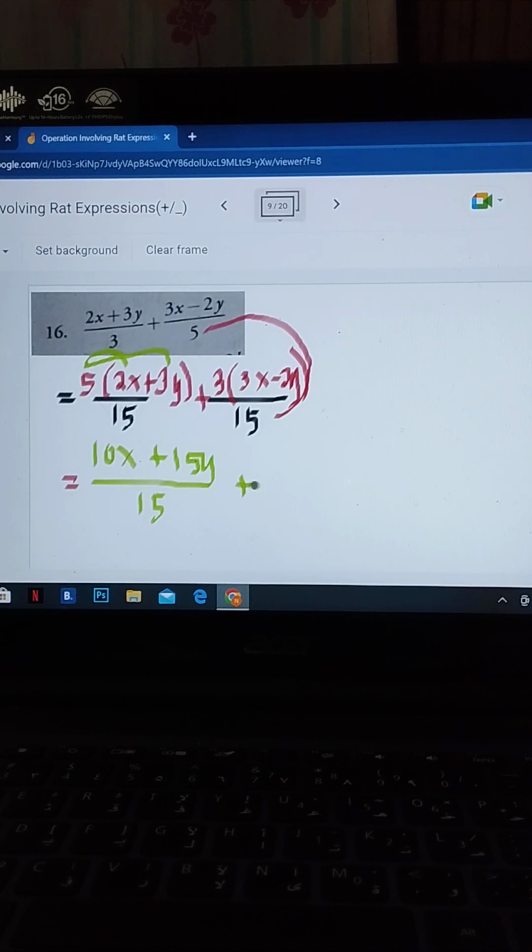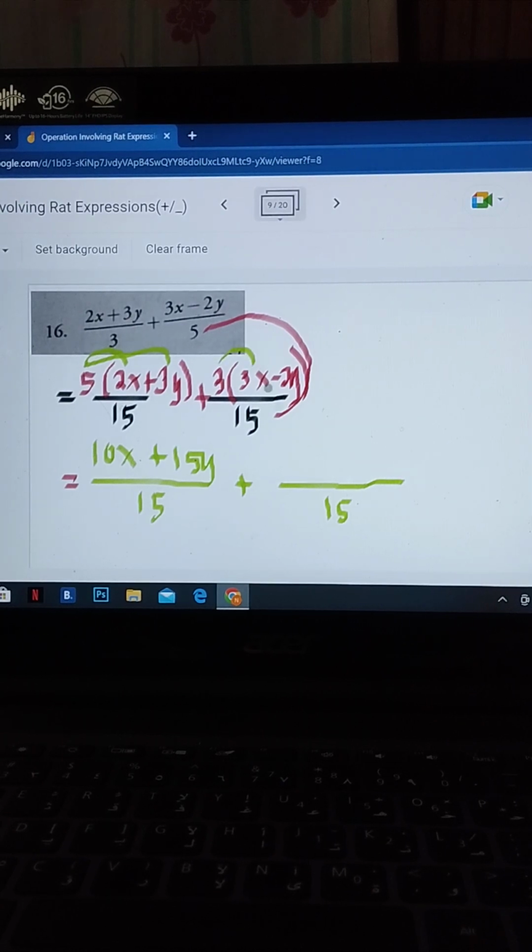Okay, so plus, 15 divided by 5 is 3, times 3x minus 2y. So this one, apply distributive property. 3 times 3x is 9x. 3 times negative 2y is negative 6y.